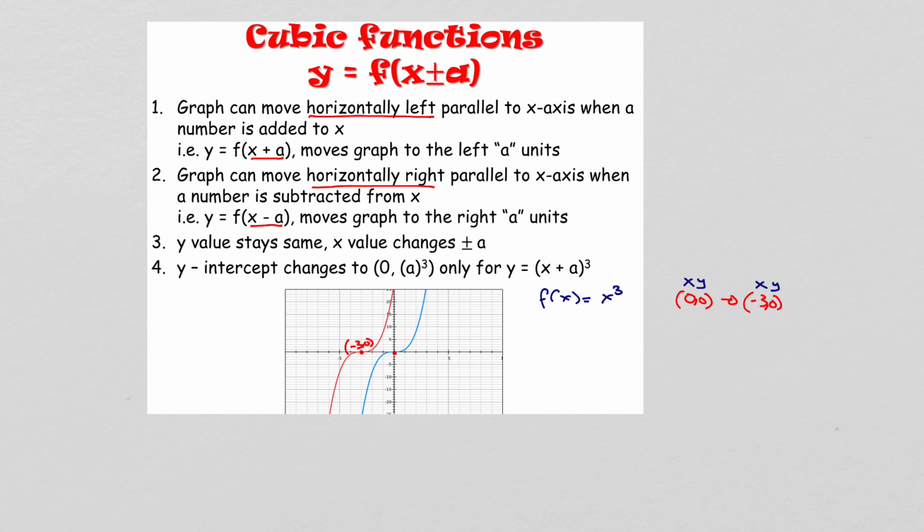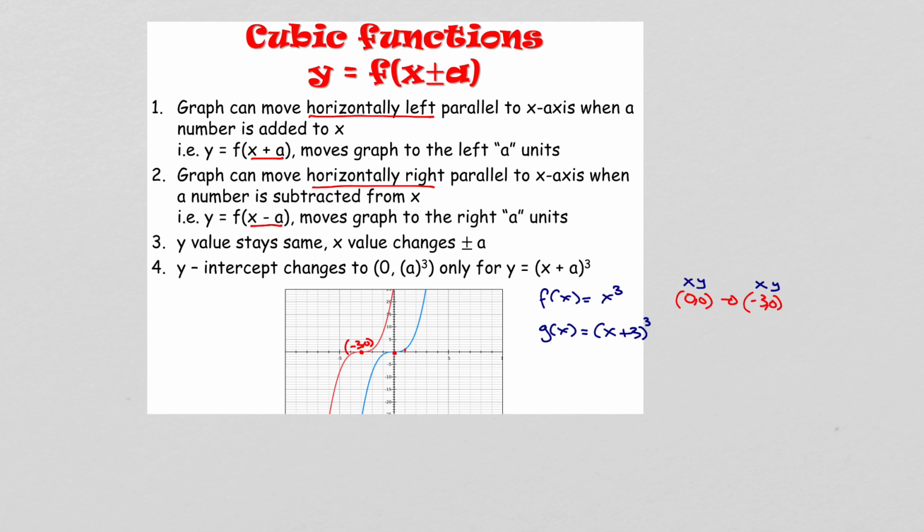So the actual new function, if we call it g of x, would be f of x plus 3. Okay? So when it's plus, the graph moves to the left. But if I was looking at all my set of points, they are reducing by 3 for the x values. So say I pick another one there.